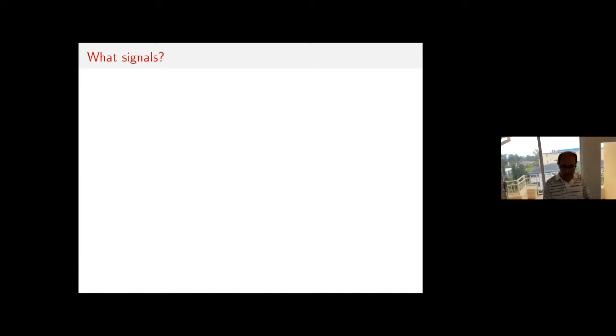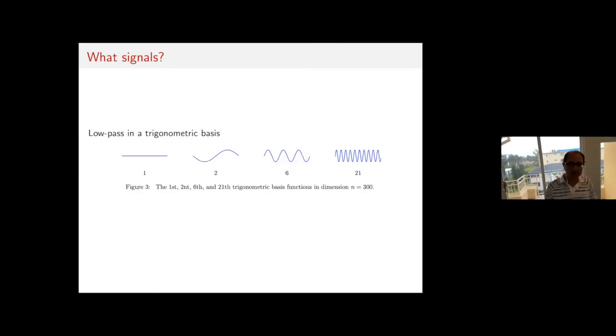The second part is, of course, that you cannot denoise just any signal with this. The signal has to have some structure. So what structures do we look at? For now, we look at a very simplistic signal structure: signals that are low pass in a trigonometric basis. For all practical purposes, you can think of this as a Fourier basis, except that it's not exactly the Fourier basis.